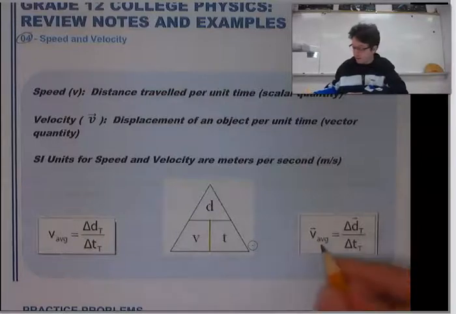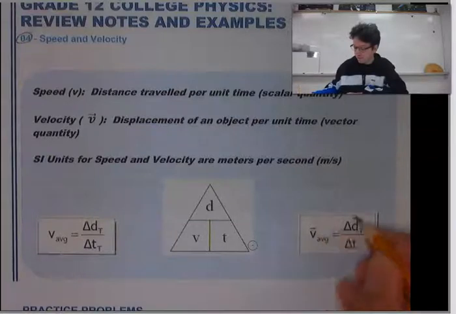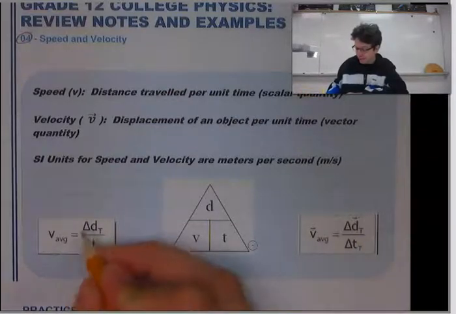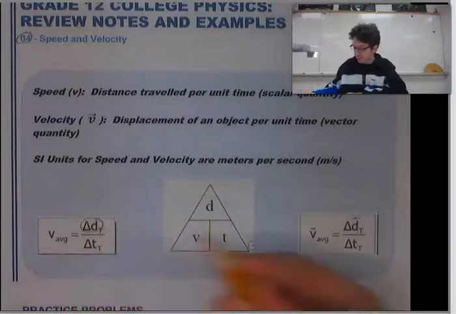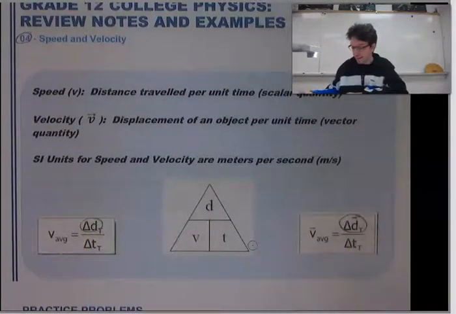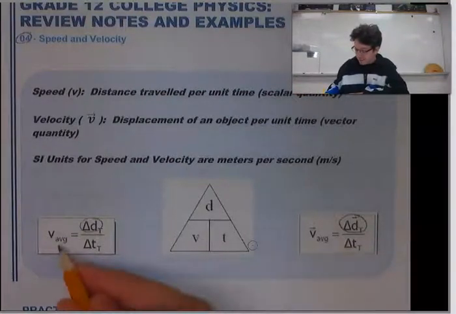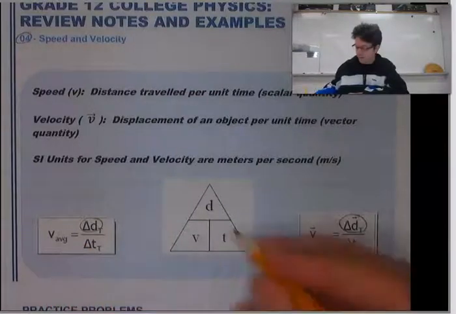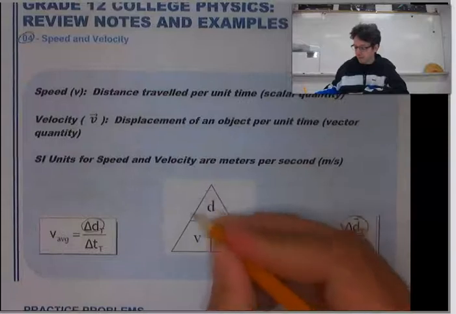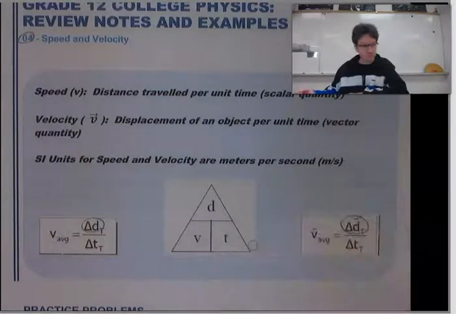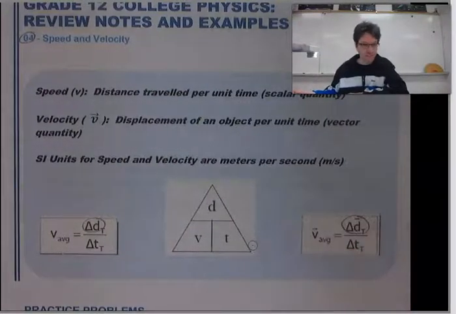Okay, for velocity, it's the exact same equation as speed, except we put vector signs over them. And remember that there is a difference between distance and displacement in how we actually calculate them, with what we did yesterday. Now the great thing is with this equation, we only have 3 variables, so it's very easy to rearrange, and we can use this triangle to help us if you've used triangles before to help you with rearranging.